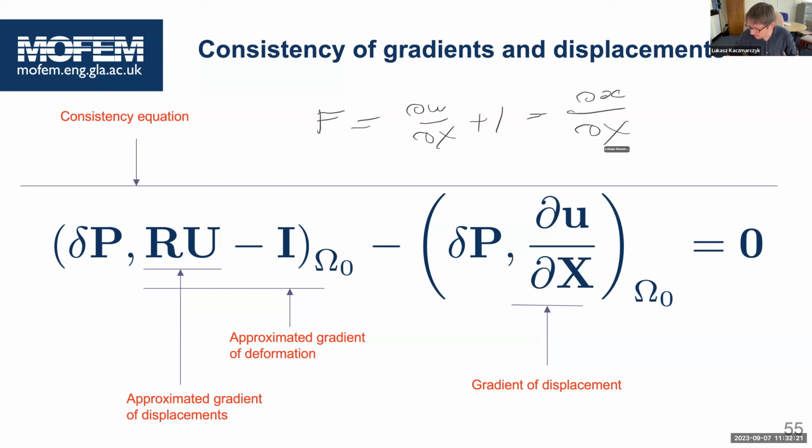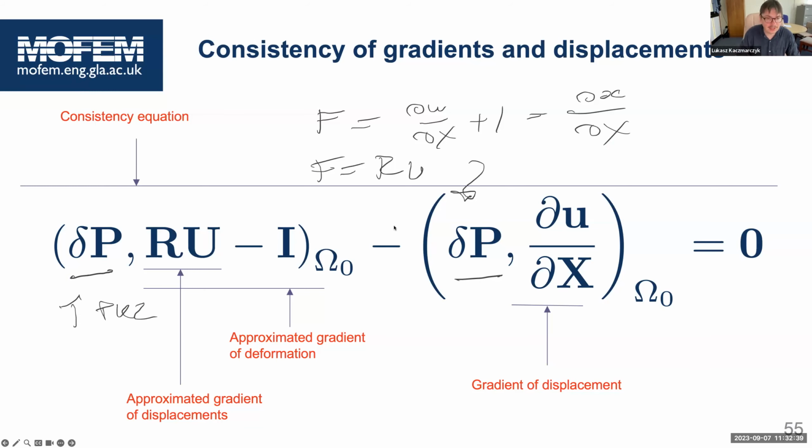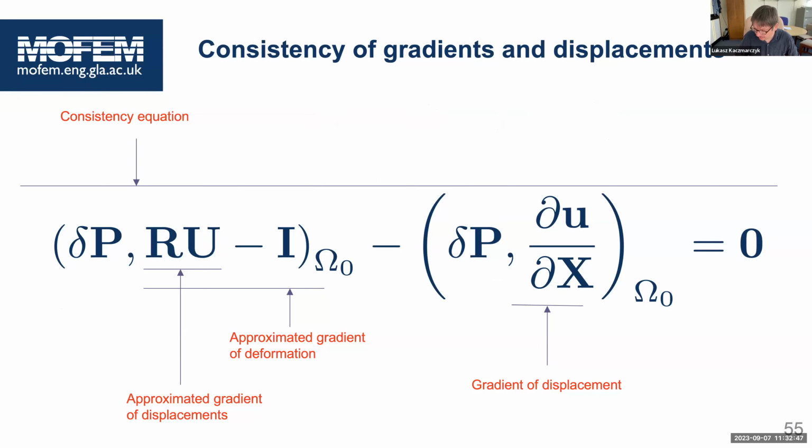When I use that, and that F is equal to R times U, I get this equation, and then I can test that equation by P, where P is here the second Piola-Kirchhoff tensor. So I get the equation which I will call the consistency. I use the polar decomposition, and I am finding the consistency between the approximation of the rotation, stretch, and the displacements, and I test everything by the Piola stress.